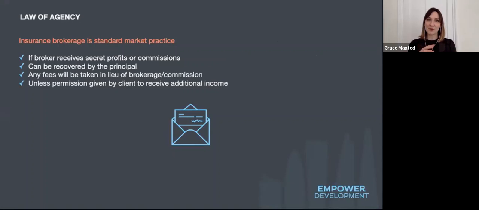We need to be careful that those commissions are transparent, that everybody knows what is supposed to be coming to them, and that the broker doesn't receive what we call secret profits, because if they do, they essentially have to declare these to the client. We can have fees in lieu of brokerage or commission, and then again, unless permission is given by the client to receive additional income, the broker is not allowed to do that. We'll come back to fees a little bit later on, so I won't leave it just there for now.